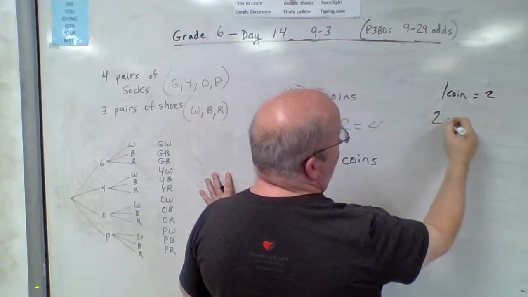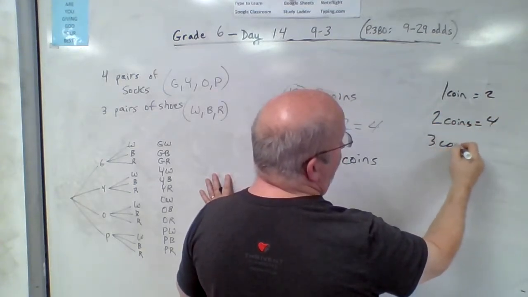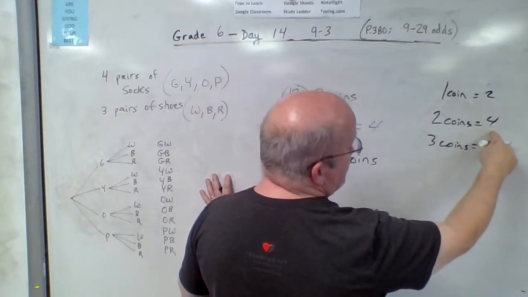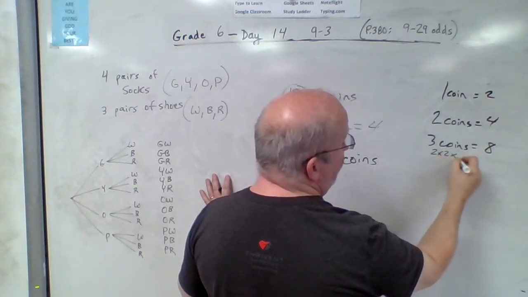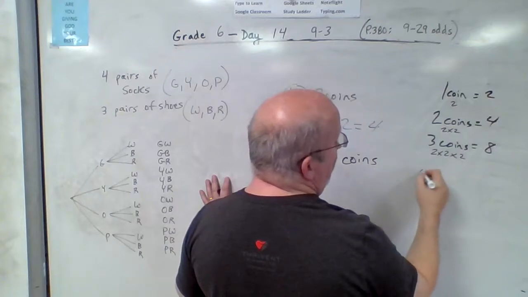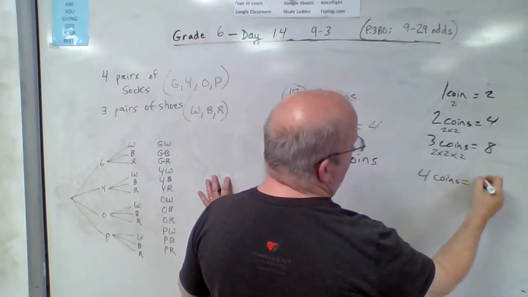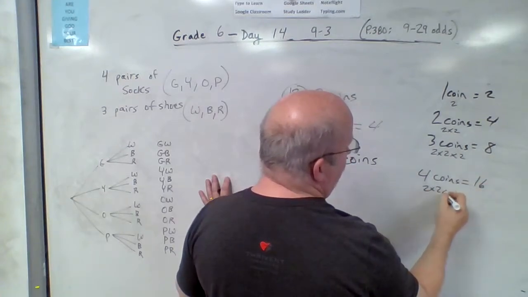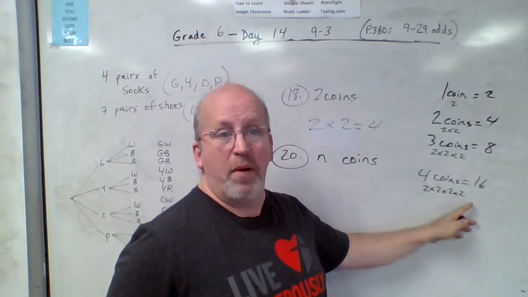If I have 2 coins, we already said that that's 4 possibilities. 3 coins, that'd be 8 possibilities because that would be 2 times 2 times 2. 4 coins, well, that would be 16 because it's 2 times 2 times 2 times 2, right? 4 different coins, each one having 2 possibilities.